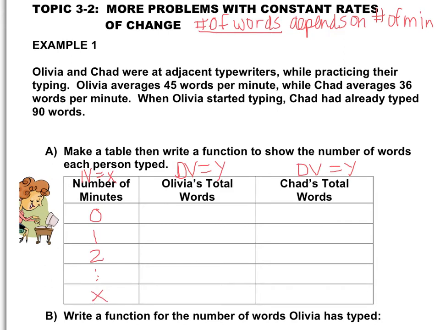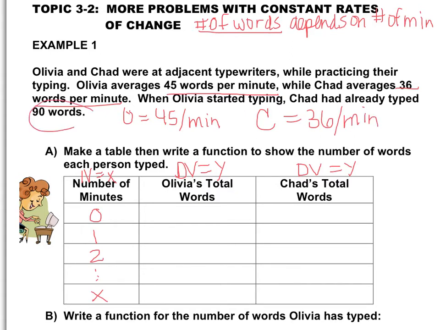Let's see what Olivia is doing. Olivia averages 45 words per minute. So this is Olivia. And Chad, he averages 36 words per minute. But remember, it says when Olivia started typing, Chad had already typed 90 words.